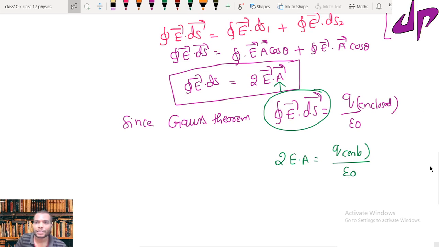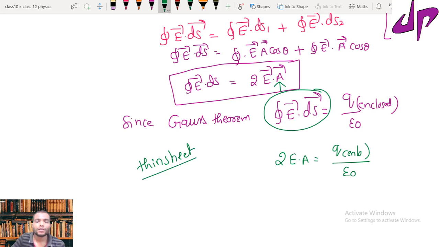Now you can see the given object is a thin sheet. For a thin sheet, we can calculate the charge using sigma, the charge density, which is charge per unit area.